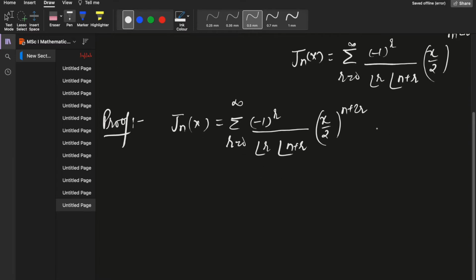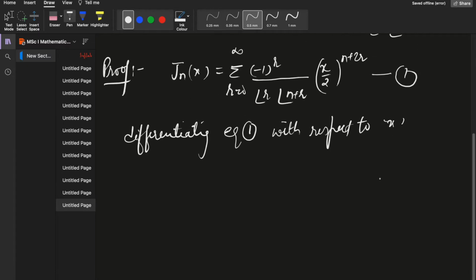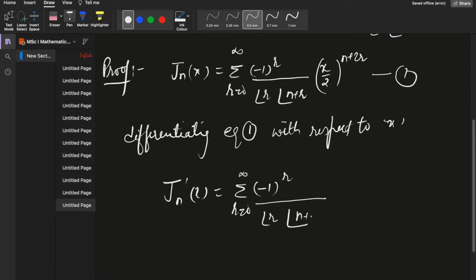This is equation 1. Differentiating equation 1 with respect to x, I can write J_n dash x, the first derivative of J_n x, as the summation r tends to 0 to infinity of (-1)^r upon factorial r factorial n plus r.